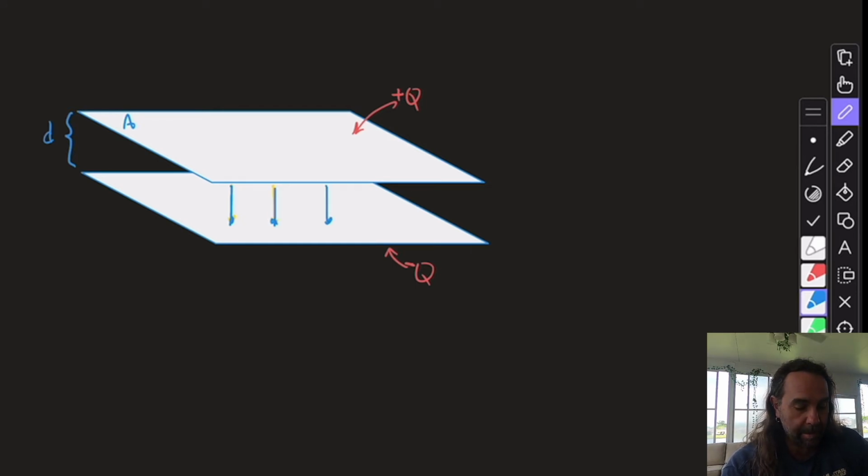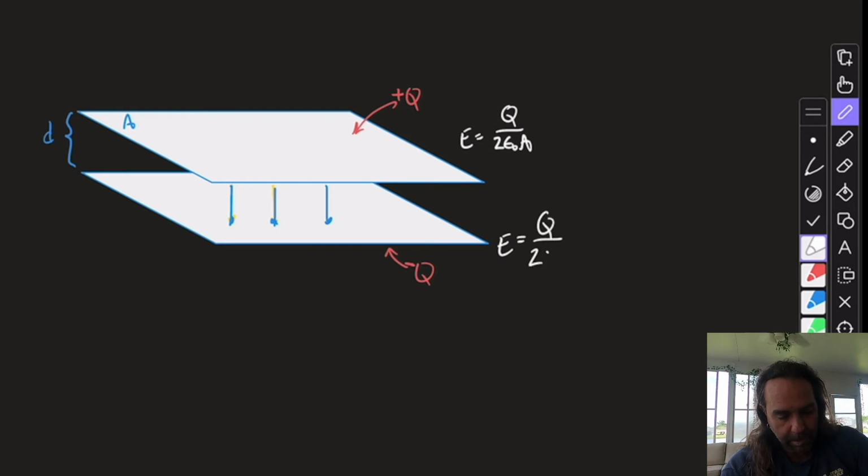But let's consider this. I have two sheets here. So the top sheet is producing an electric field equal to Q over 2 epsilon naught A, and it is directed downwards. And the bottom sheet is also creating an electric field of Q over 2 epsilon naught A. When I say downwards, I'm focusing on what's happening between these two sheets.